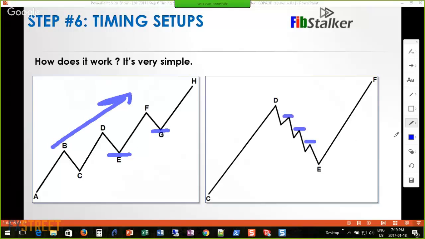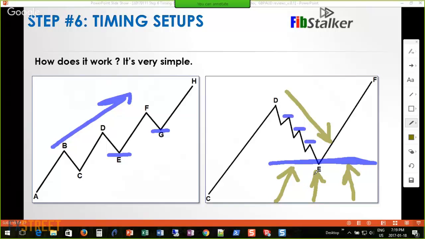The point here is that if this is a trend and we anticipate a continuation higher, there has to be a fact or an indication that the sequence here in the counter trend fails. The explanation is that if there are agents, algorithms, smart money that come into this area E in order to keep pushing price higher, to put an end to this counter trend, then this counter trend has somehow to fail, which means that this sequence has to fail.